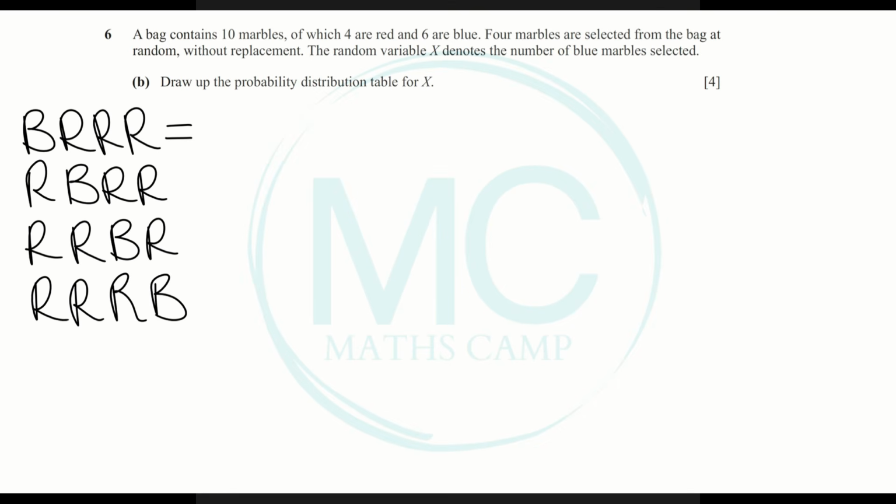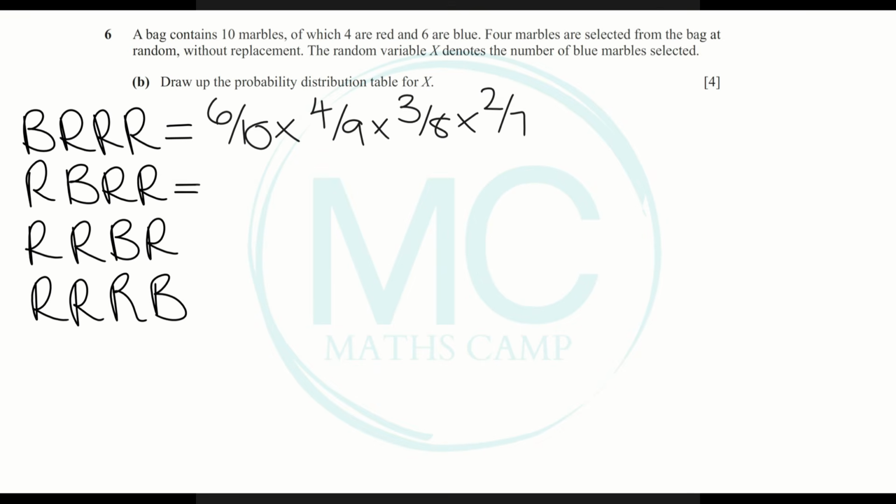So let's look at the probabilities of this. We have 6 blue marbles out of 10, so we have 6 out of 10, and 4 red becomes 4 out of 9, and 3 out of 8, and 2 out of 7.